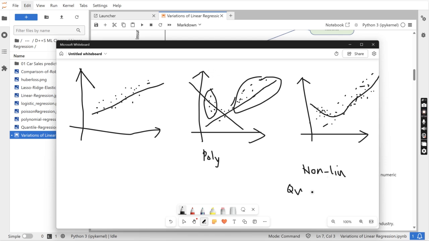So if you come across any distribution of data points in this manner, you will have to use a curved line. You can no longer use plain linear regression, but a slight variation of linear regression by modifying the straight line.